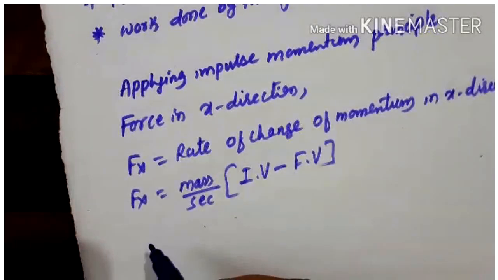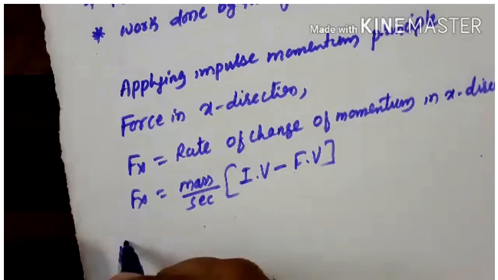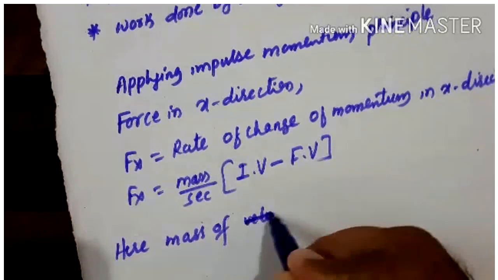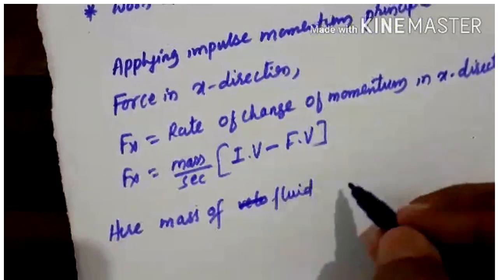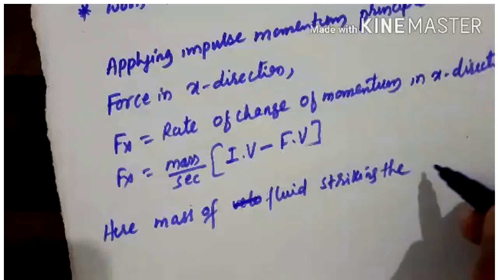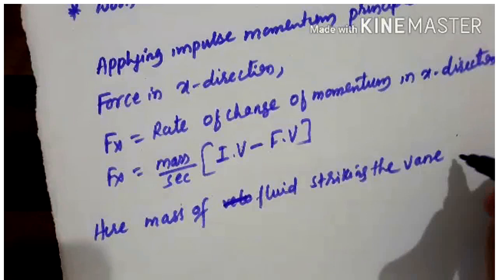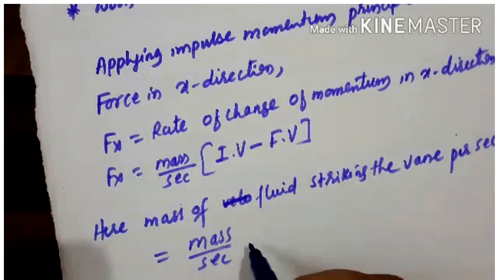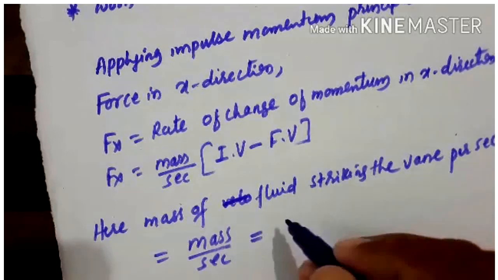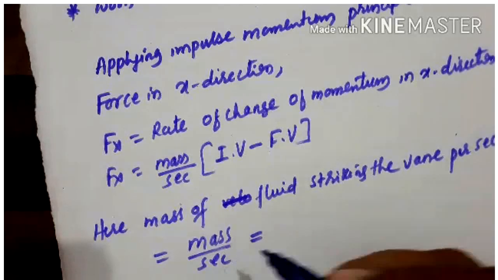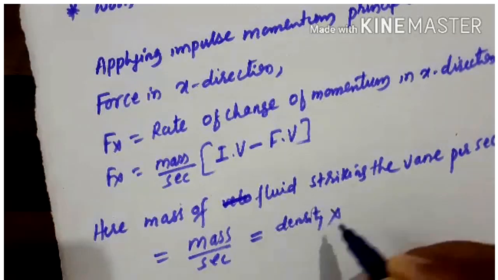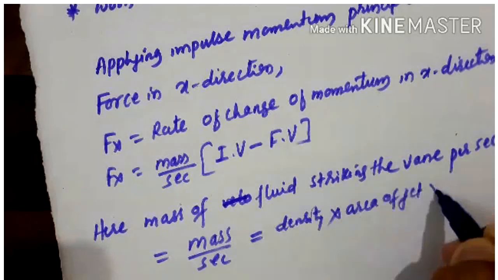Here, the mass of fluid striking the vane per second is equal to mass per second, which, as we know, density equals mass by volume, so we can write density into area of the jet into velocity.